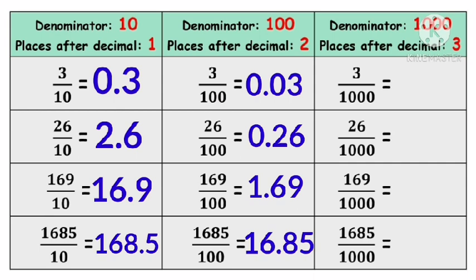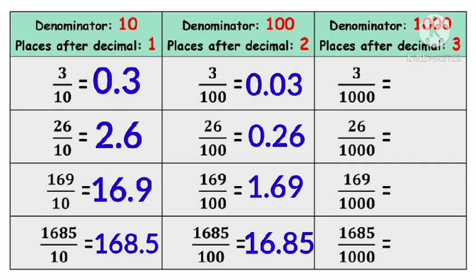Great. Now let us see the last column. In this last column, the denominators of all the fractions is 1000. So Slaters, can you tell me how many places after the decimal point? Yes, it should be 3 places. Now let us see the first example. 3 by 1000.